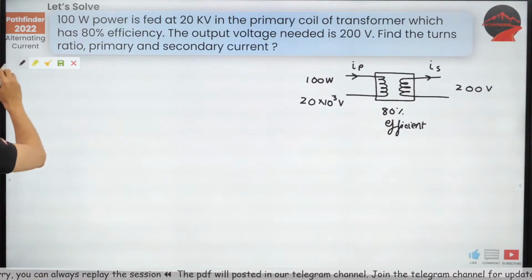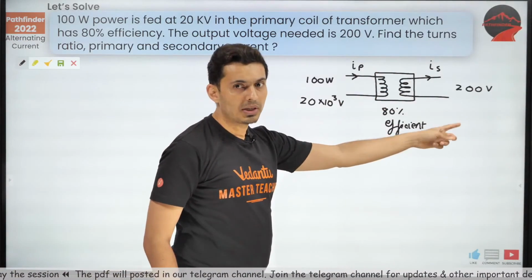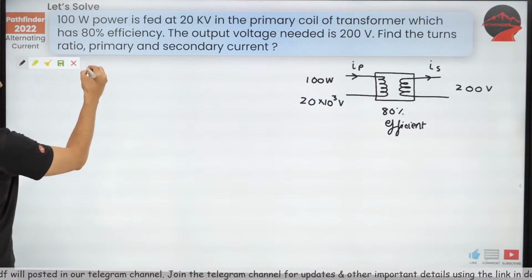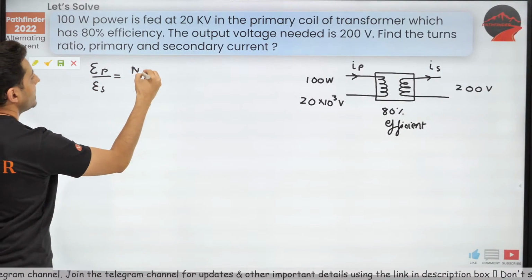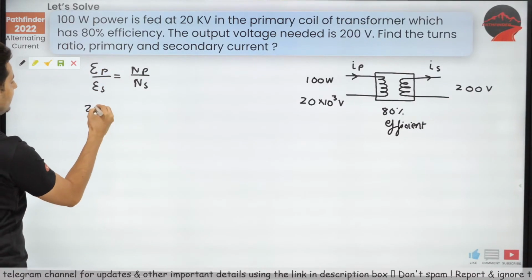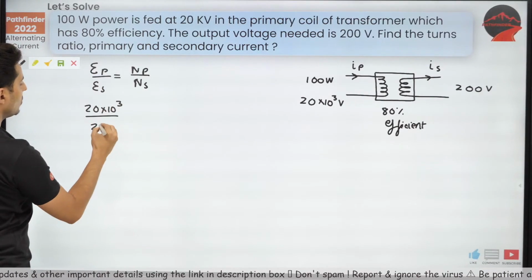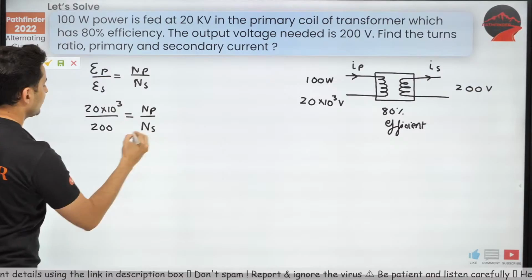So let's do this. I know the input and the output voltage, which means I can find the ratio of the turns very simply. So EP by ES will be NP by NS. EP is nothing but 20 into 10 to the power 3, ES is 200, equal to NP by NS.